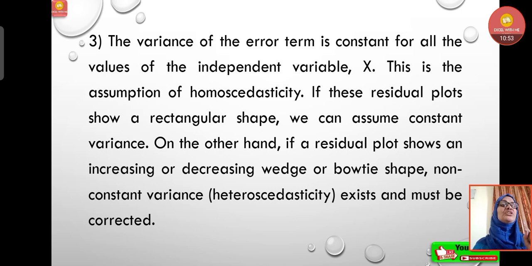If the residual plot shows a rectangular shape, we can assume constant variance. On the other hand, if a residual plot shows an increasing or decreasing wedge or bow tie shape, then non-constant variance, that is heteroscedasticity, exists and must be corrected.